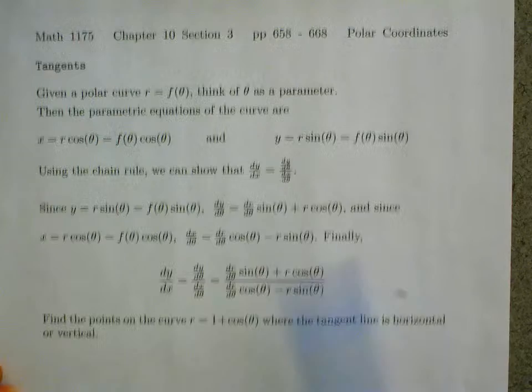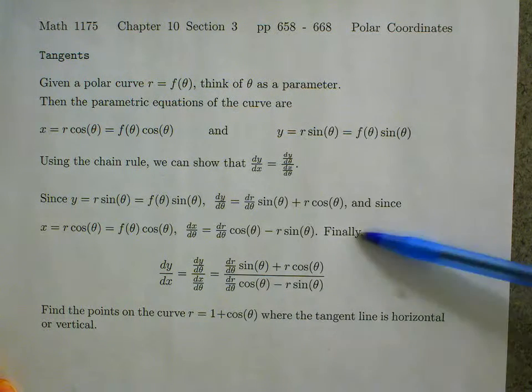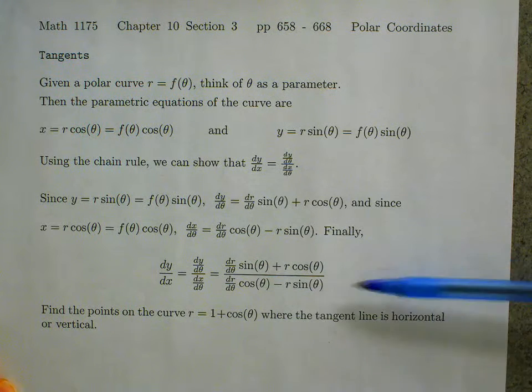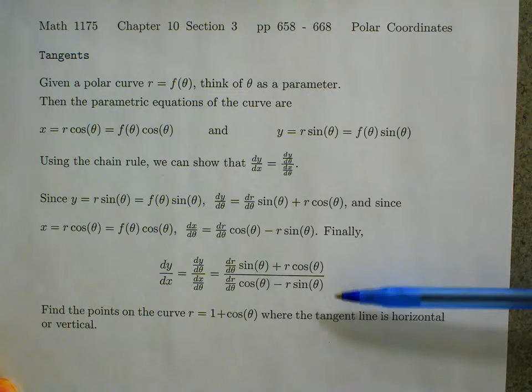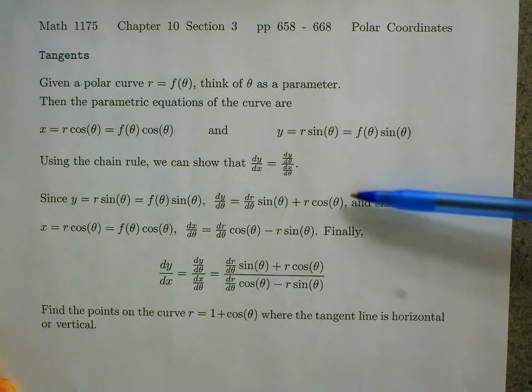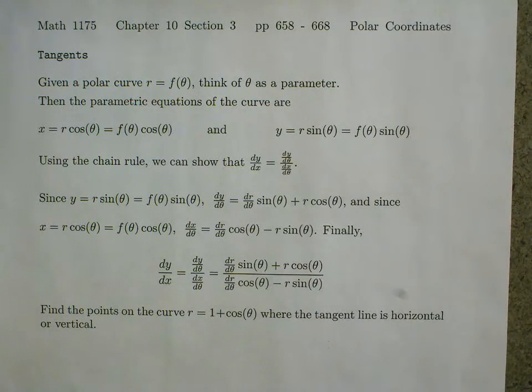So when we put that all together, dy dx is dy d theta divided by dx d theta, which is this numerator divided by this denominator that we observed in the previous step. So it looks sort of tedious, but it's pretty basic.